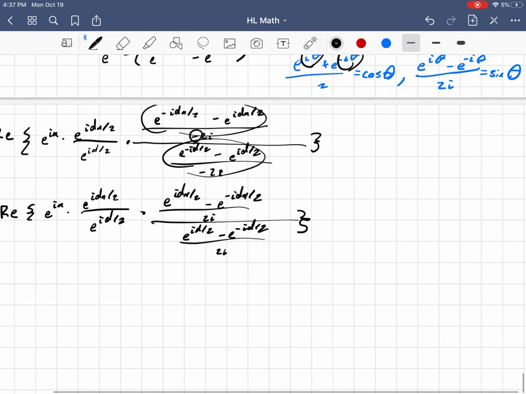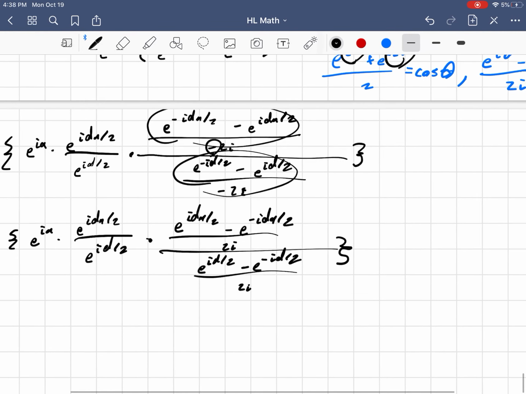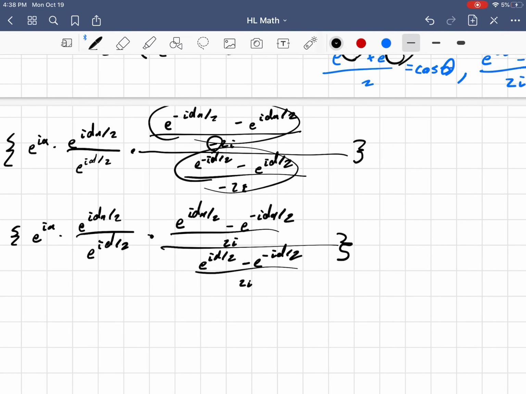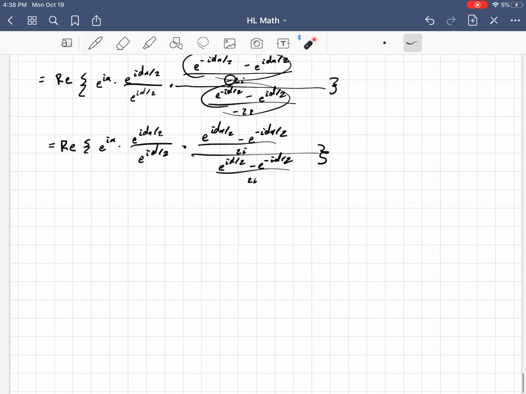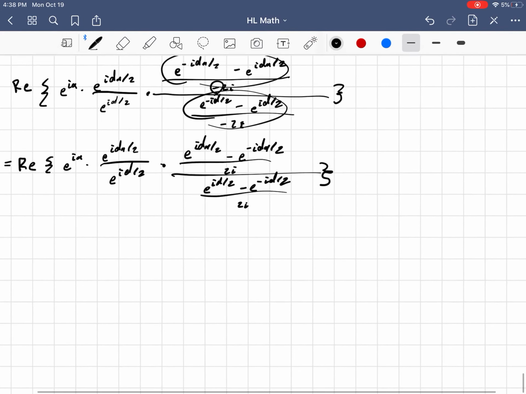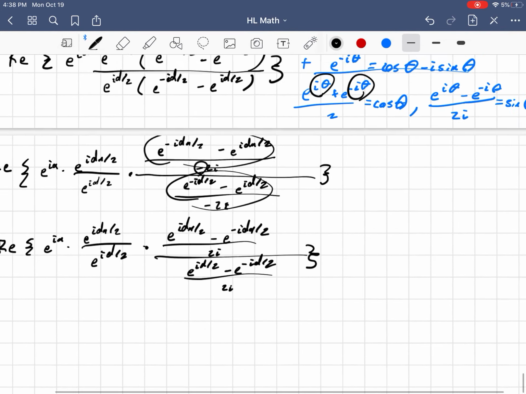All I did to get from those two things was basically negate the numerator and negate the denominator of this whole big fraction. Within this part, I made that negative 2i into a 2i, and then I just changed around the order of that part up top, and did the same thing for this part down here on the bottom. Now, it should be super clear what these are going to become, right?